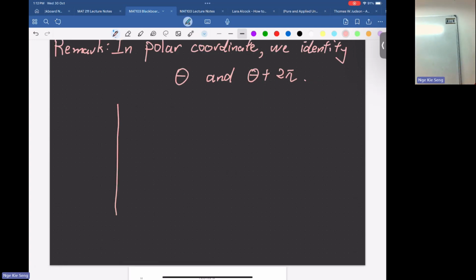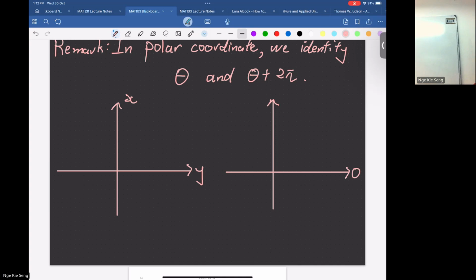To cover the whole xy plane, how much of the r theta plane do you need? Just now I gave you an example. We start with a unit circle here. How much of r theta do you need to cover this circle?